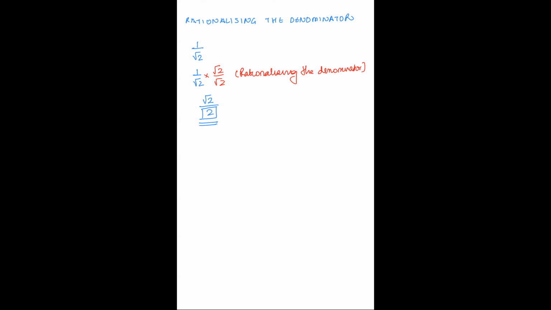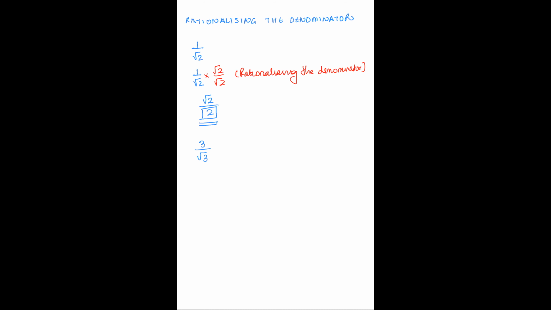Let us proceed with a few more examples. Okay, all of you try this: 3 upon root 3. What are we going to do? We consider the irrational denominator root 3 and multiply it in both the numerator and denominator.